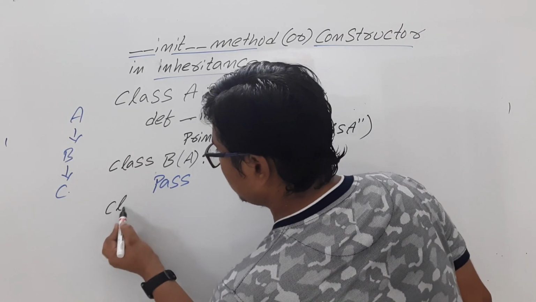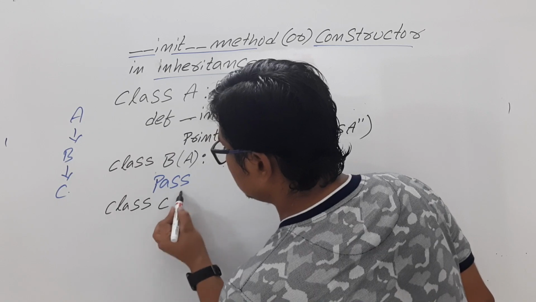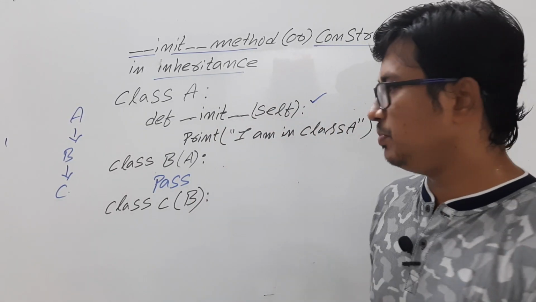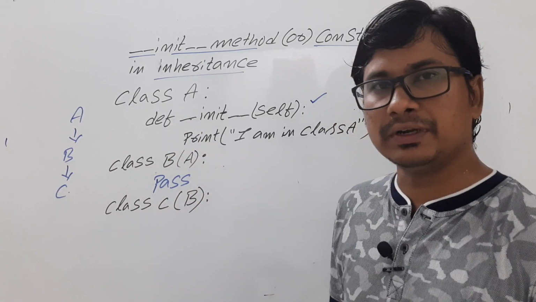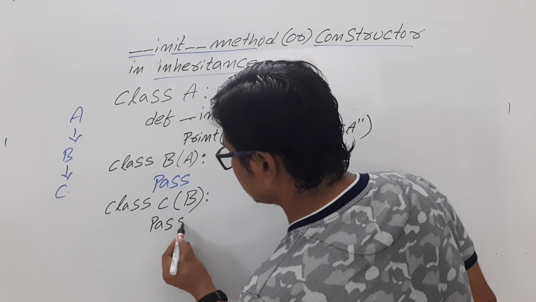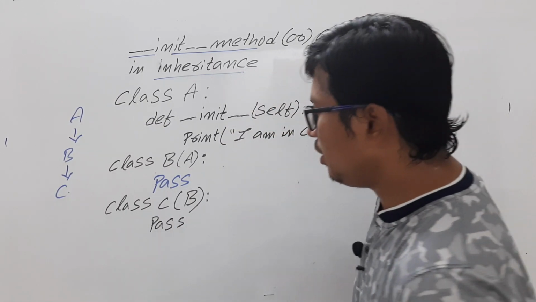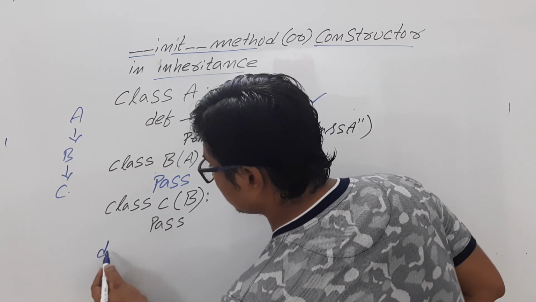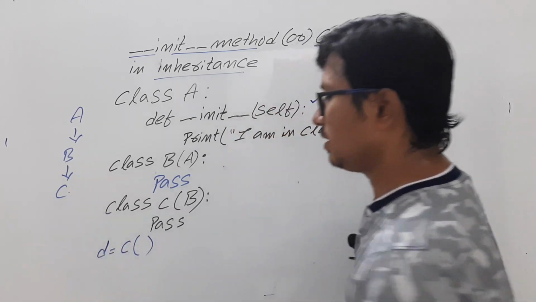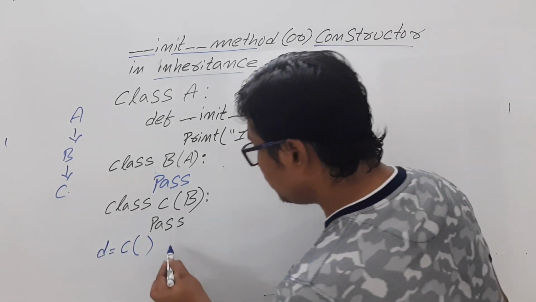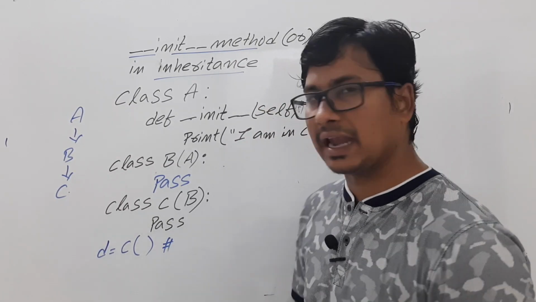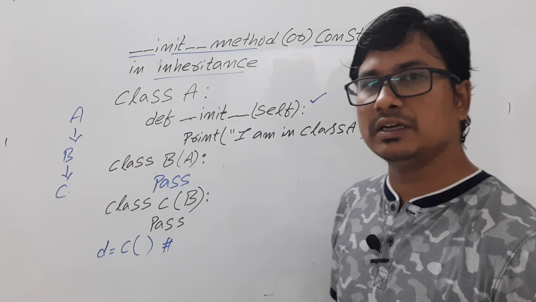Now let's take that you have a class C which inherits the properties of class B, so obviously it will get the properties of both class A and class B. Here also you have written a statement called pass. Now you are creating an object called d for the class C. You know that once you create an object for a class, the init method will be invoked.